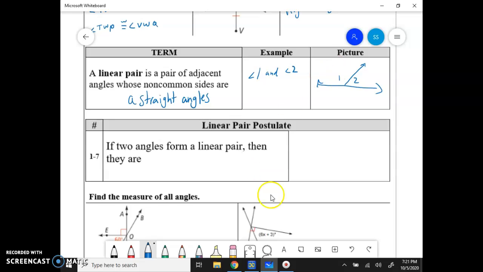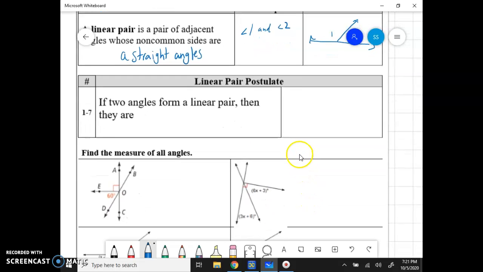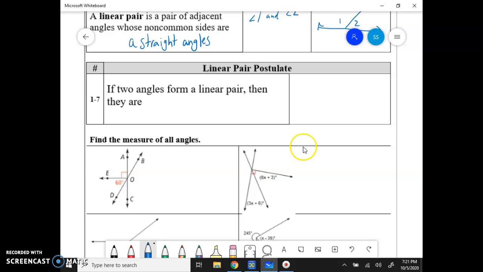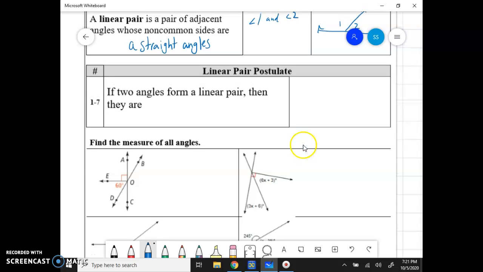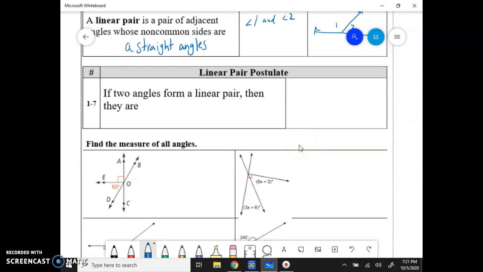All right, and we have a postulate, and this postulate is pretty common sense. It's pretty intuitive here. The linear pair postulate says if two angles form a linear pair, then they are supplementary, or in other words, they add up to 180 degrees.